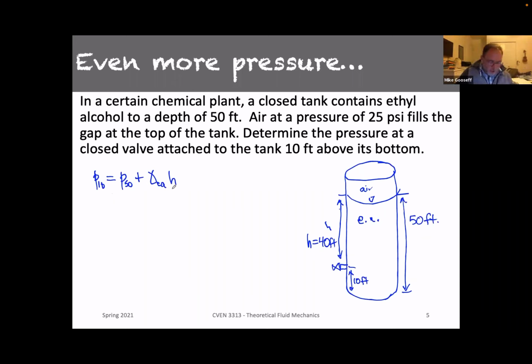Okay, so we are given that this pressure is 25 psi, right? That's what's filling in here. So this is equal to 25 psi plus, and then we need the specific weight of ethyl alcohol.